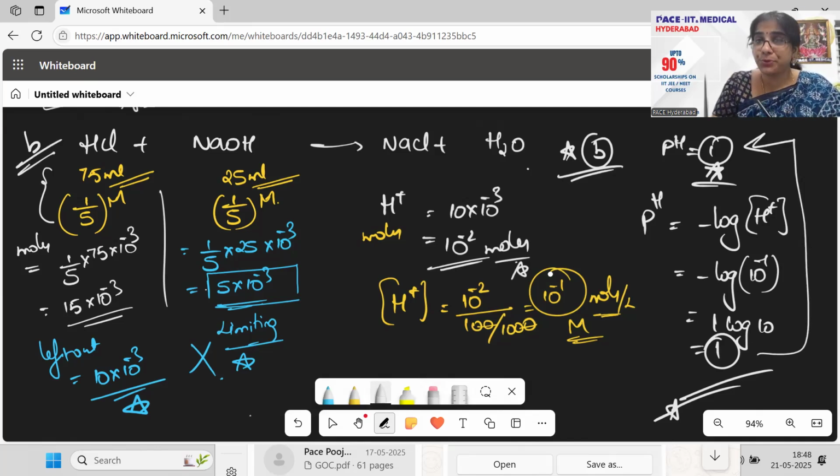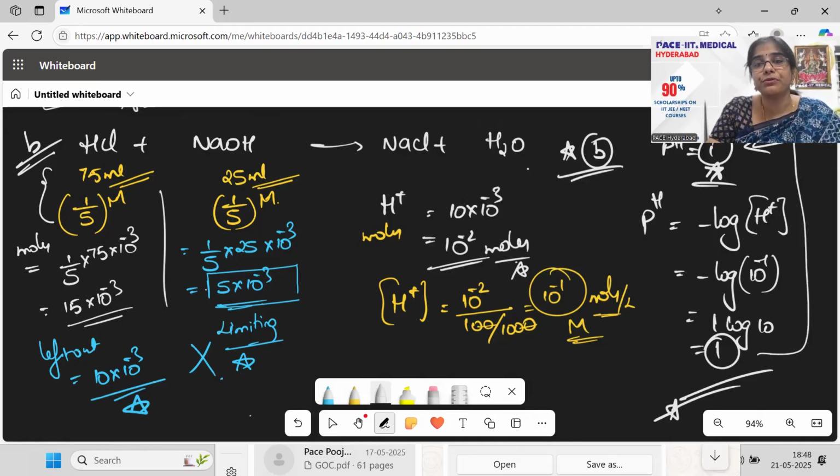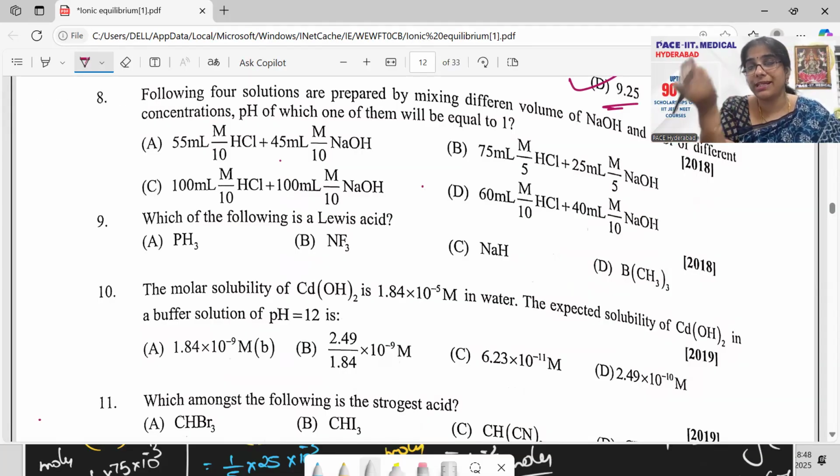As I told, you will do it with A, C, D. सब करके देखो, ज़्यादा time नहीं लगेगा. It will not take much time at all, but I want you to try these out always. So please try them and then go up with your next question. So pH 1, that is it. And remember this point here in this 2018 question.